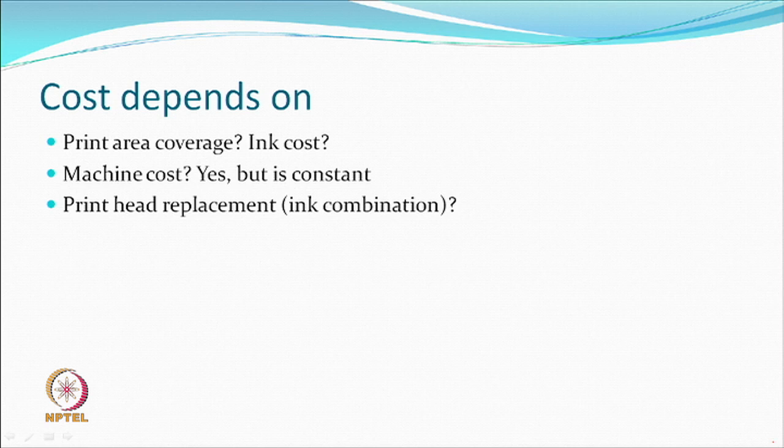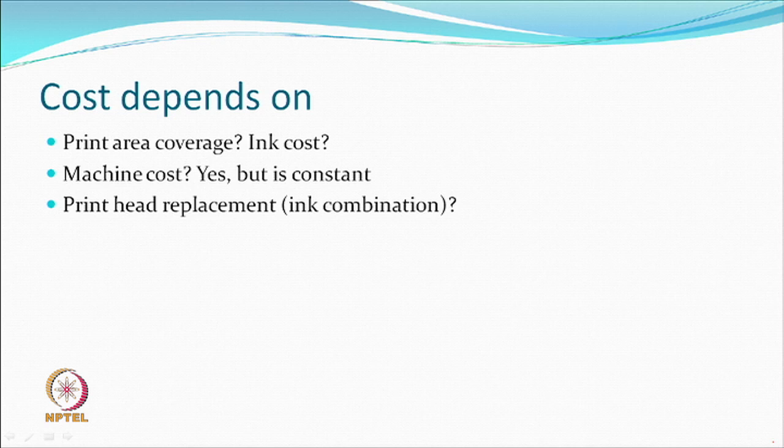till now. So, the cost of the printing depends on the print coverage area. 20% coverage, rest is blank, versus 60% coverage, and that has something to do with the ink cost. You will be using more ink. As such, you use very little color.